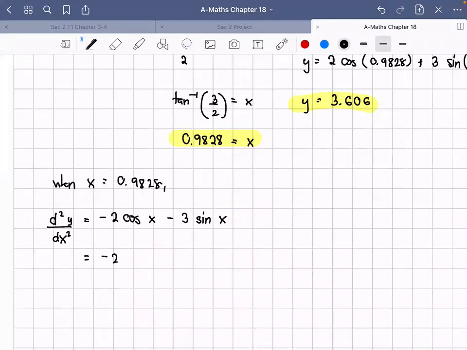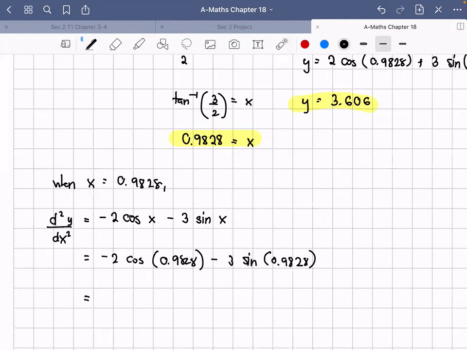So what's your answer? Just plug it here. Minus 3 sine of 0.9828. So our final answer is, again, a negative.